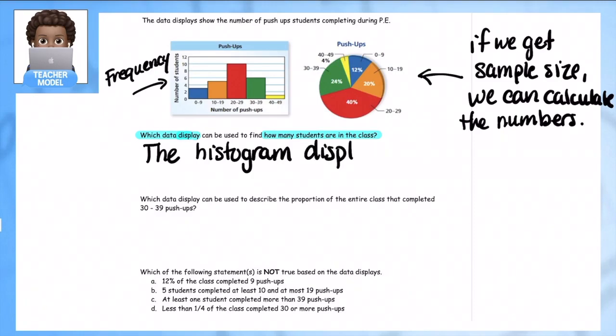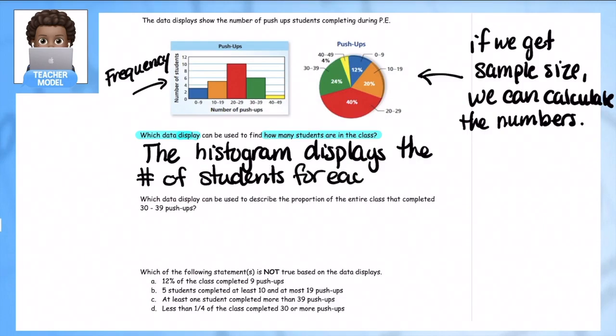The histogram displays the number of students for each group.